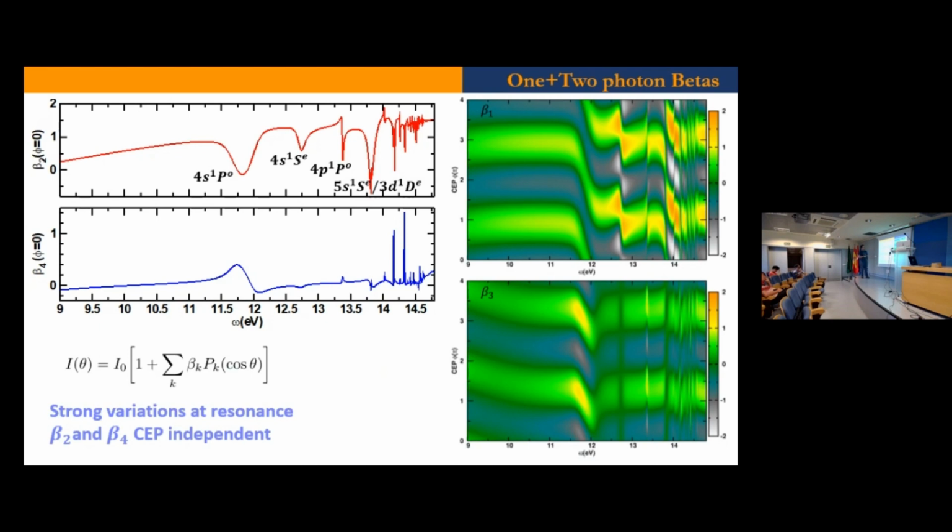This is a little bit technical, but believe me on this. And beta 2 and beta 4, you can prove they are CEP independent, no? So we take a line and we plot it. And as expected, what you can see is that for all of the series of Rydberg states, the beta parameters change drastically when the photon energy crosses a Rydberg state. So that was what we were expecting, no?